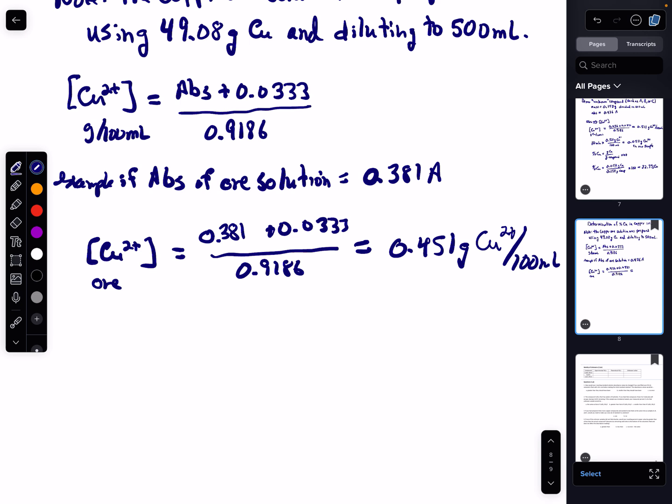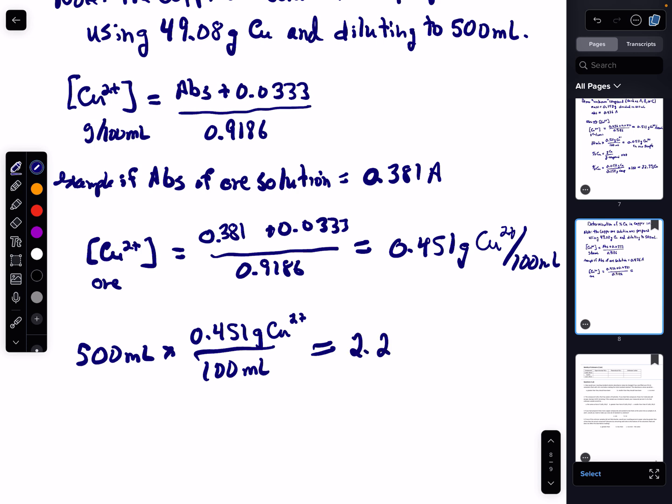So the amount of copper is going to be 500 milliliters of solution times 0.451 grams of copper 2 plus per 100 milliliters of solution. And that's going to be 2.26 grams of copper in the ore sample.